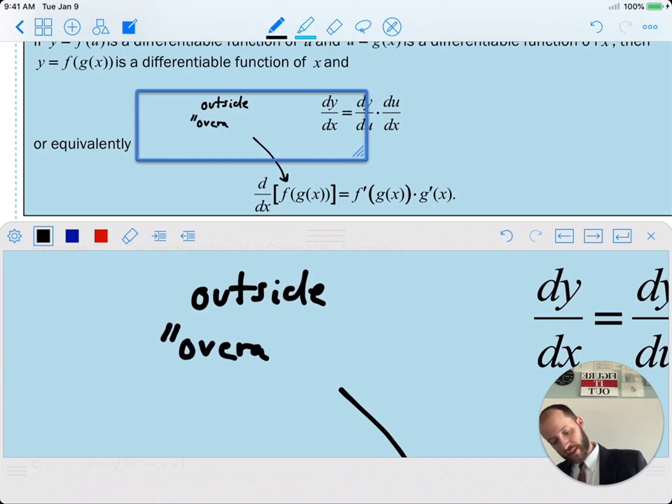So you can think of that as overall, big picture, what's happening in this function. Remember, composite functions are a function plugged into another function. So there's something inside and there's something outside, or overall.